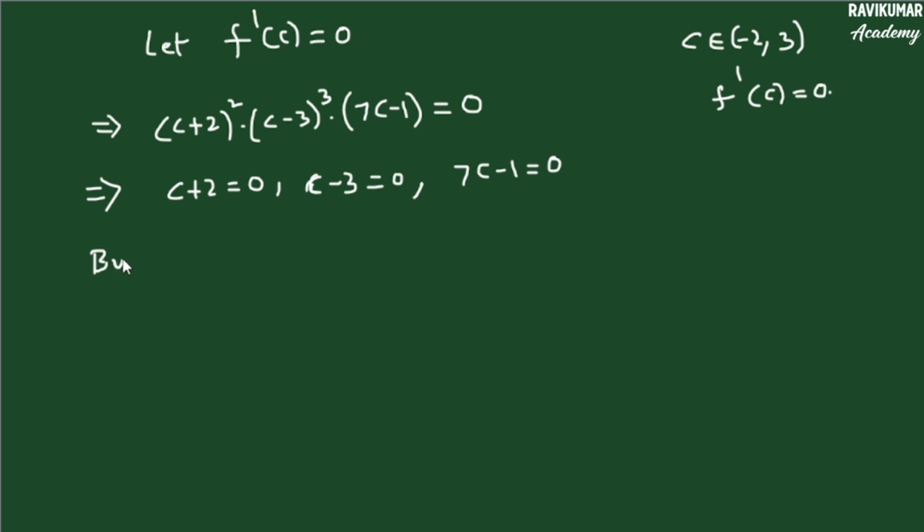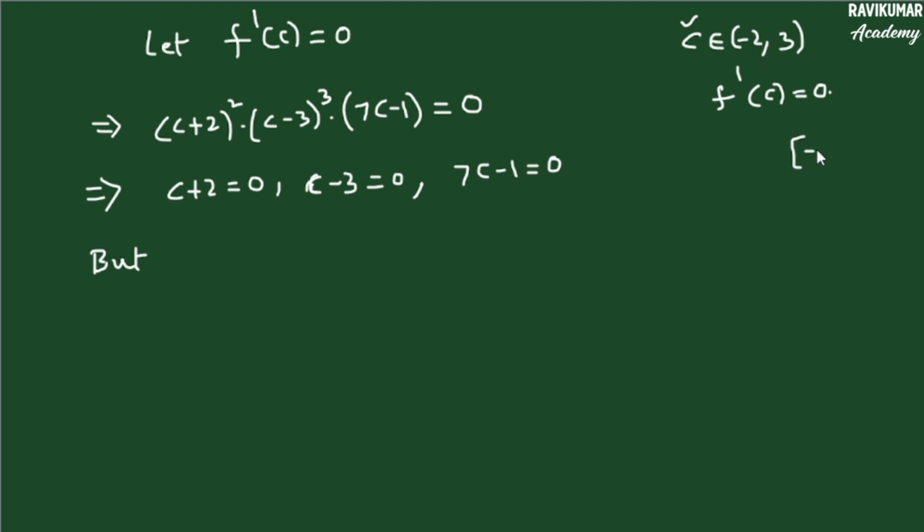But what Rolle's mean value theorem is stating is that you should be able to find a c in between minus 2 and 3. It should not be equal to minus 2 or 3. So c cannot be minus 2, and c cannot be 3. What does open interval mean? Minus 2 and 3 do not belong to this interval, that is why it is an open interval.